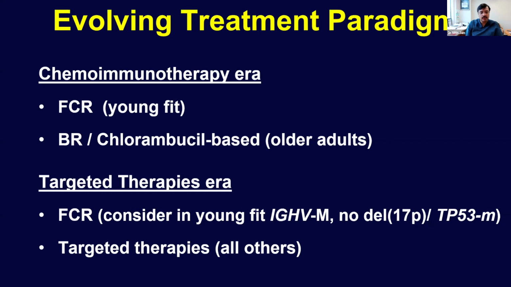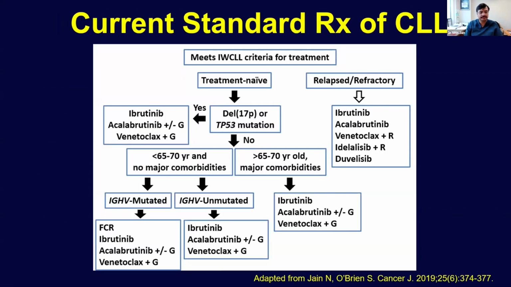That group constitutes only 10% of the entire patient population. For the rest of the patients in the United States, it has become very clear with the data I'm going to share with you that we should be using targeted therapies. So the role of chemotherapy has really declined substantially because of the new drugs.